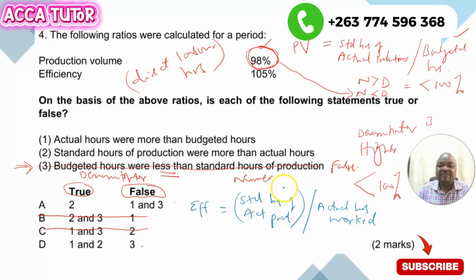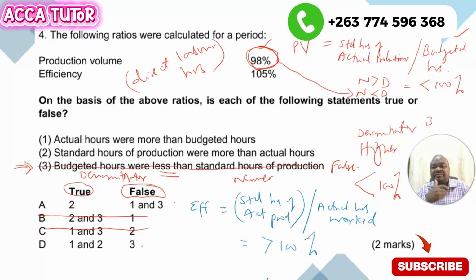So if the standard hours worked are greater than the actual hours worked, then it simply means that the efficiency ratio is going to be greater than 100%.